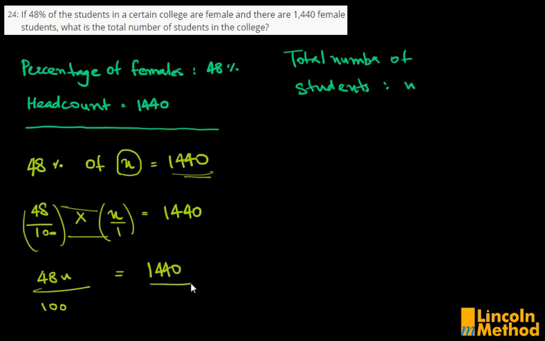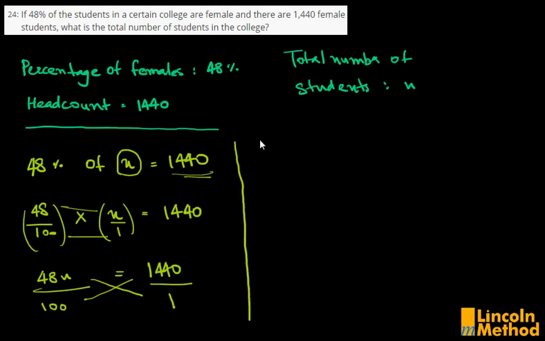Now again, since there's an equals sign in between both of these values, we can cross multiply, which again means we should add a 1 below 1440, just to make it easier for you to understand.